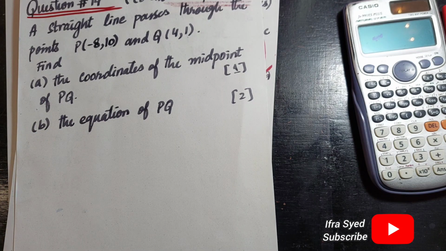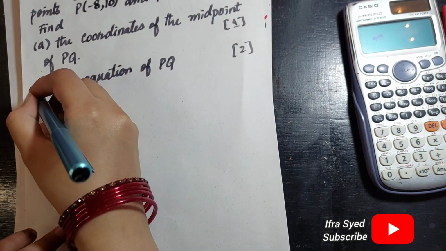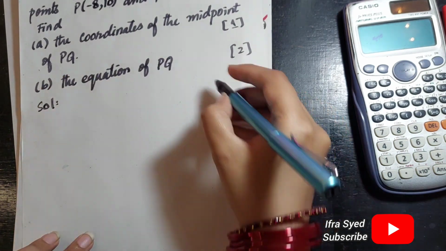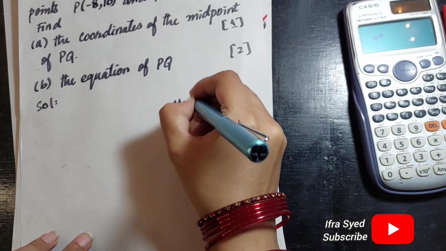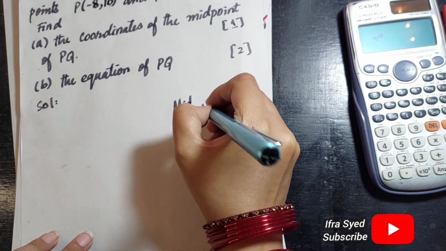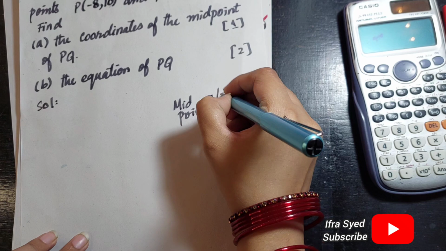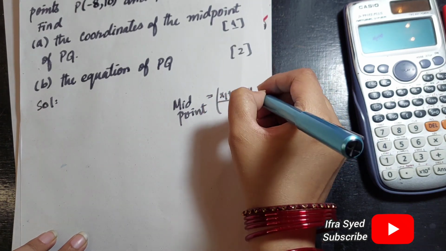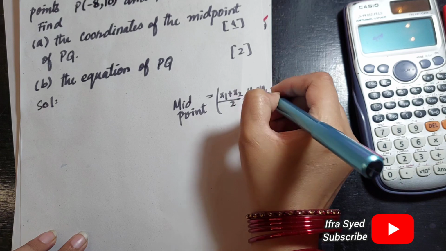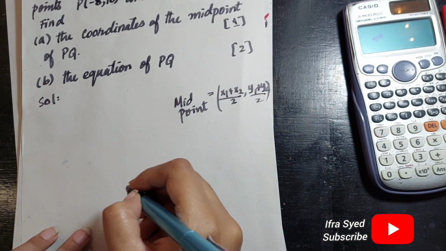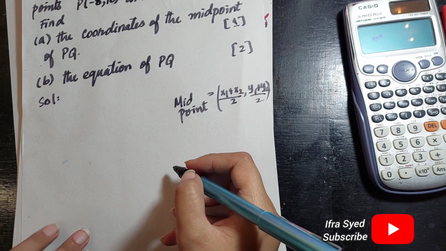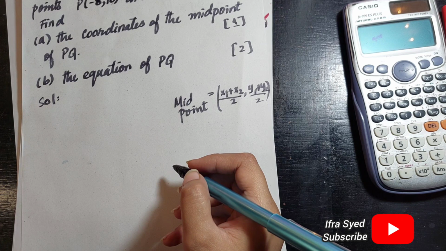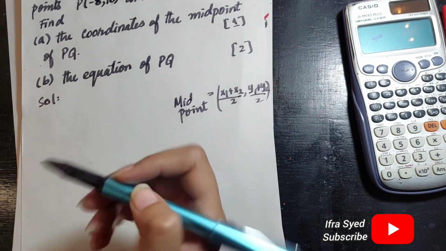For that purpose we will use the midpoint formula: midpoint is equal to x1 plus x2 divided by 2, y1 plus y2 divided by 2. I'm using this formula in the first part to find the midpoint of PQ.